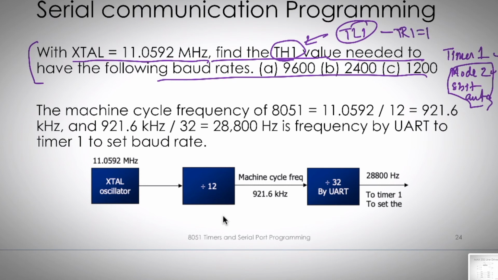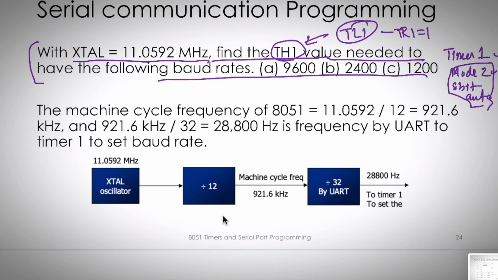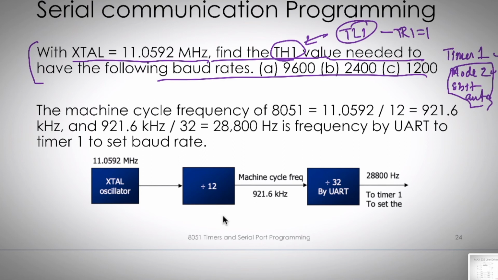This is how timer 1 works in 8-bit auto reload mode. So in this example, you are going to find the value to be initially loaded to the TH1 register to achieve 9600, 2400 or 1200 baud rate.